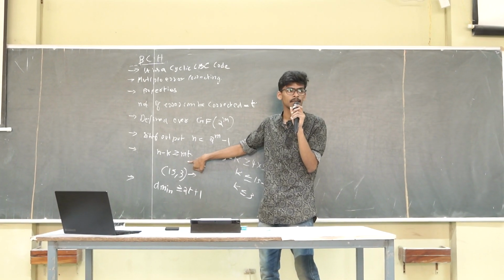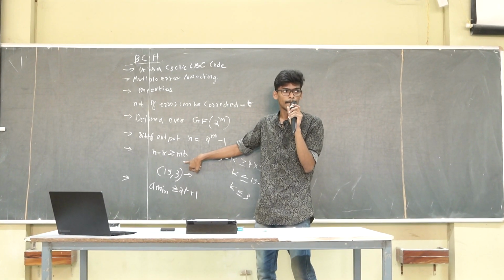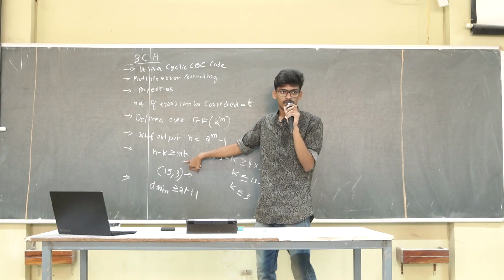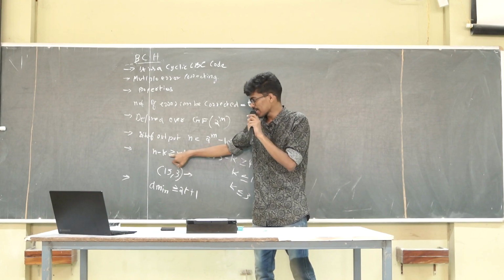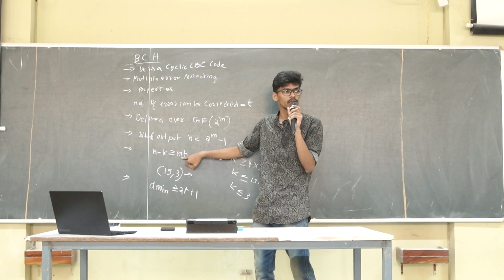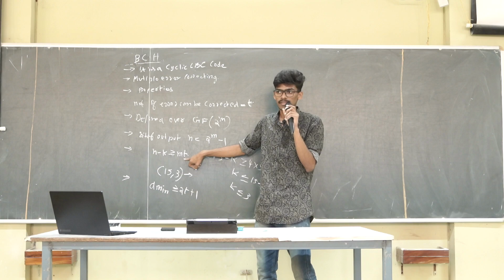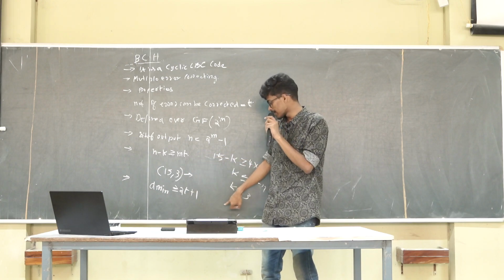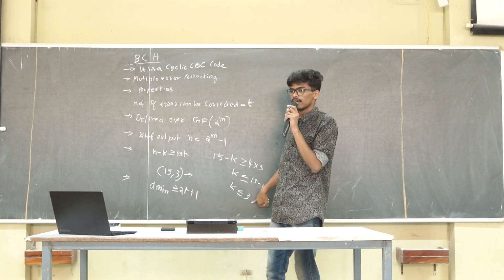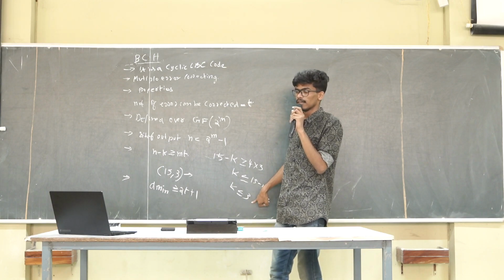So how many redundancy bits? Extra bits. N minus k is 4 into 3. So how many extra bits? 3 extra bits. How many message bits are there? 3.